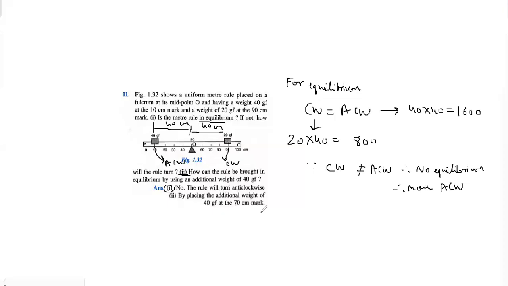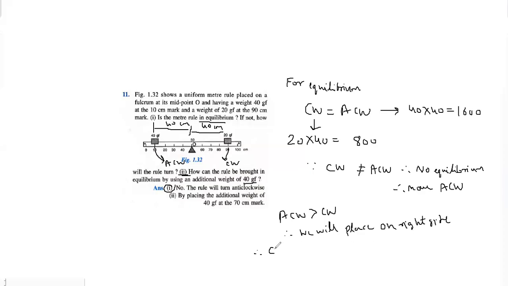Because anti-clockwise is greater than clockwise, we will place an additional load of 40 GF on the right side, right? On the right side. So let's check what happened in that case.